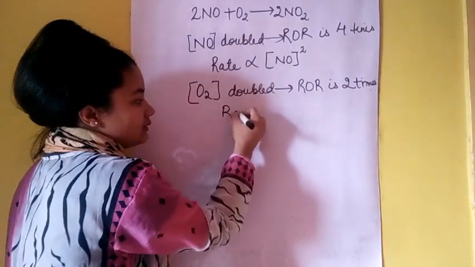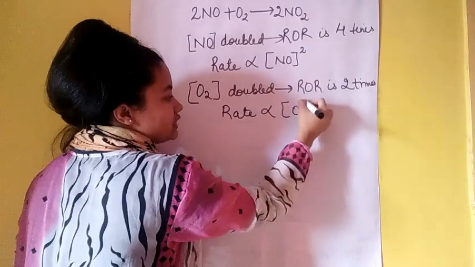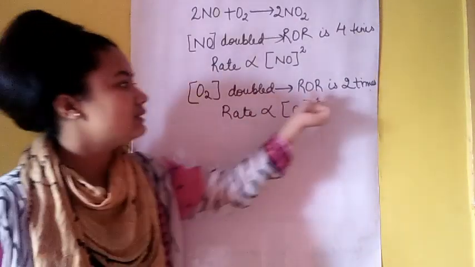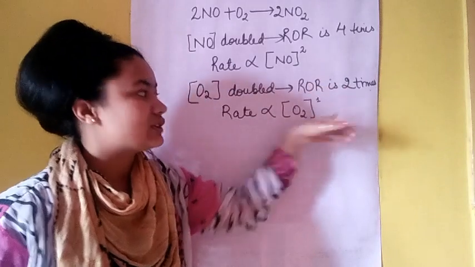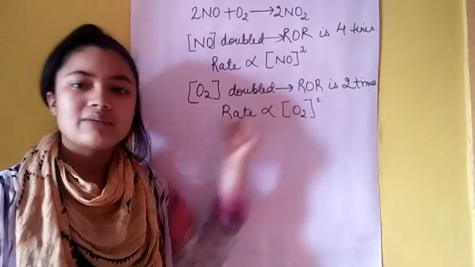That rate is directly proportional to the concentration of oxygen raised to the power 1, because if we are doubling the oxygen concentration, then the rate of reaction is also doubling. That means it is varying with 1 power only.